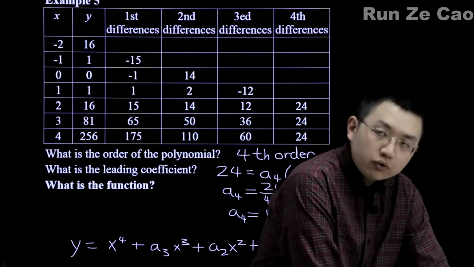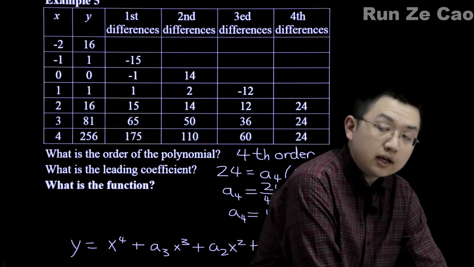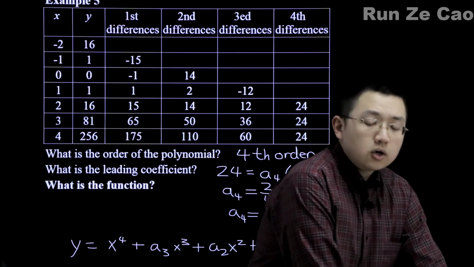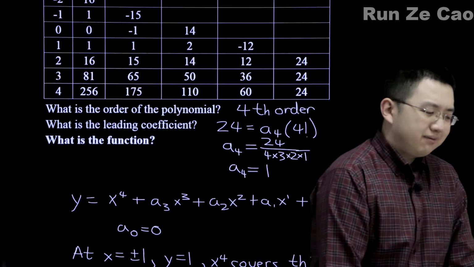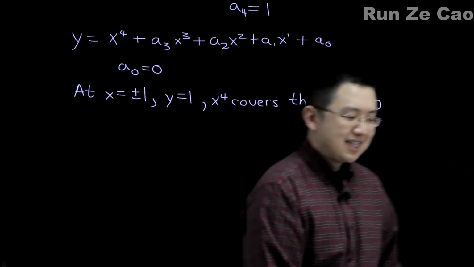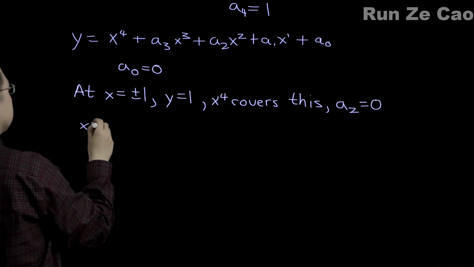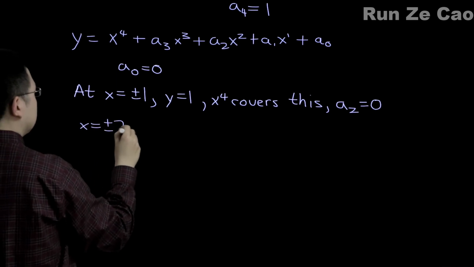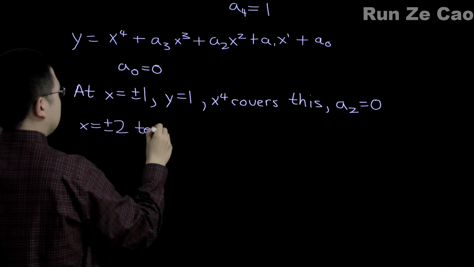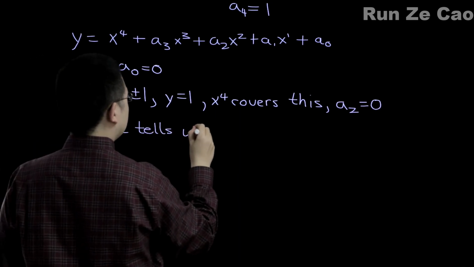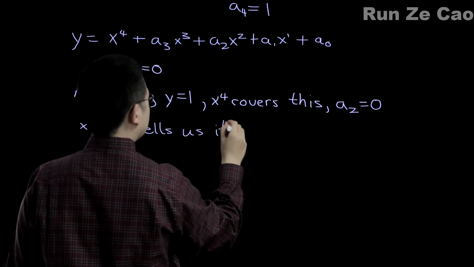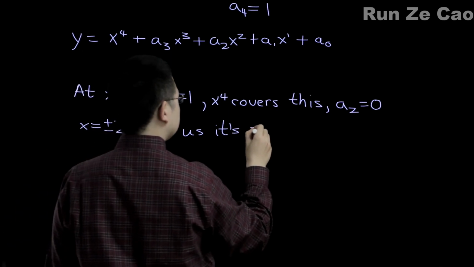Negative 2 and 2 for x give us y equals 16. So, what does that tell us? That tells us it's symmetric.